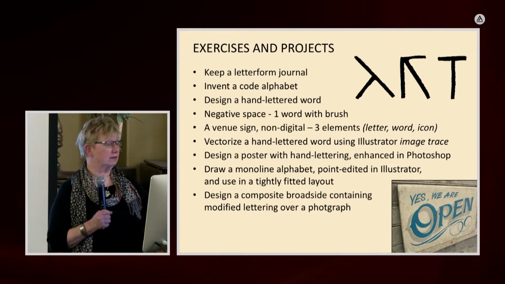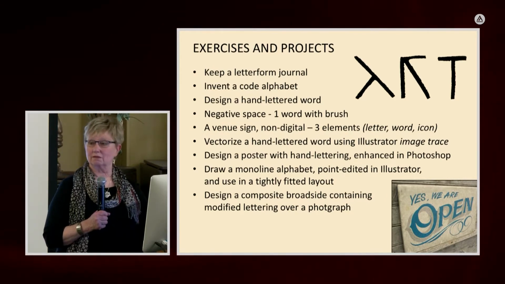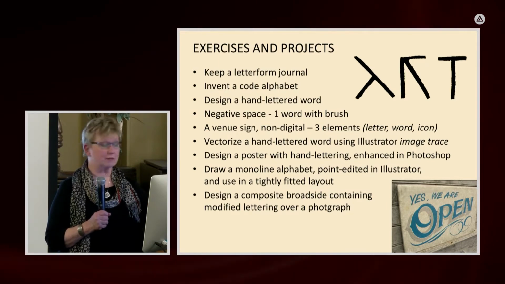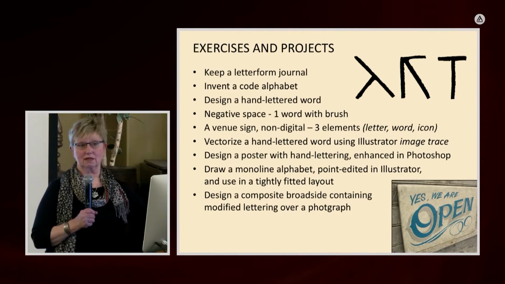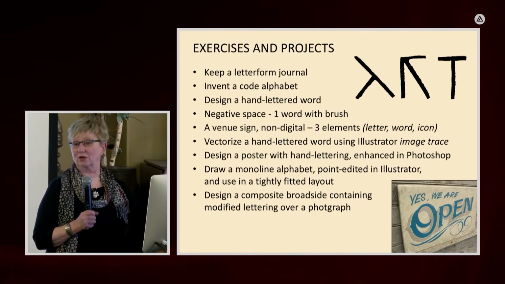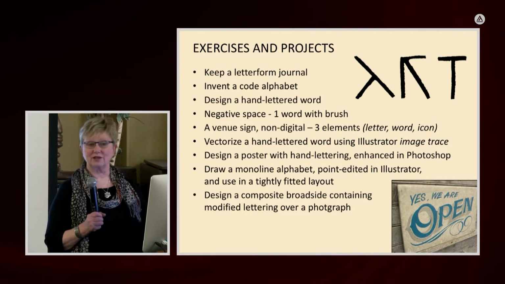Negative space, we work with a brush and make positive and negative shapes at the same time. We make a venue sign that could be hung in your doorway, or anywhere, but the venue sign is something you actually make not digitally.